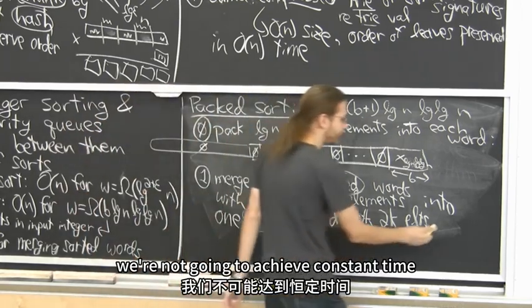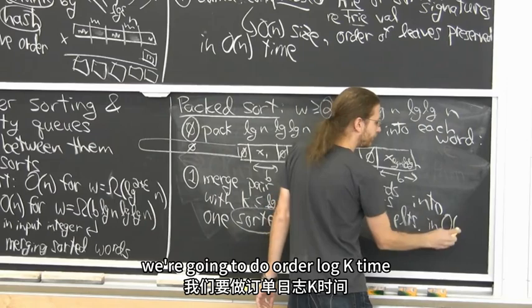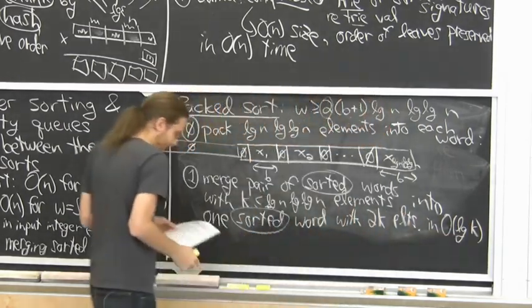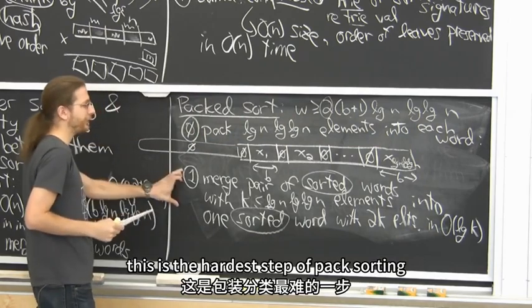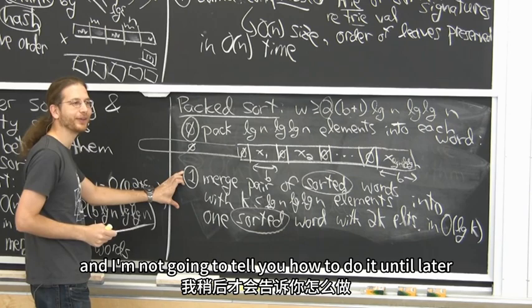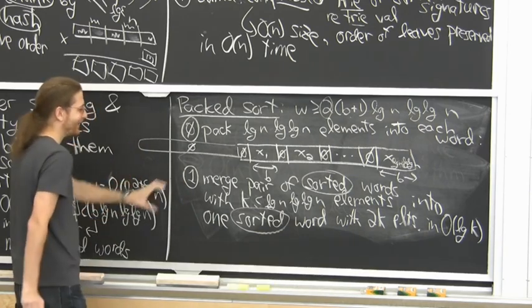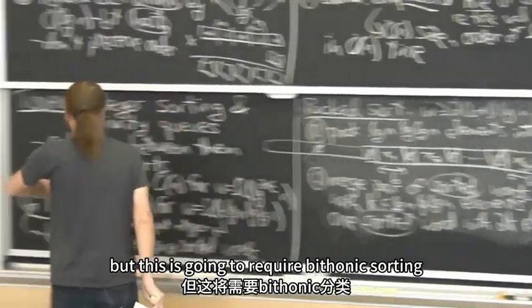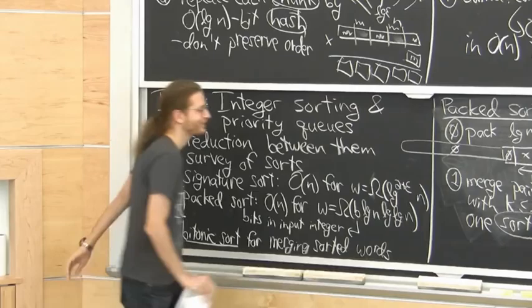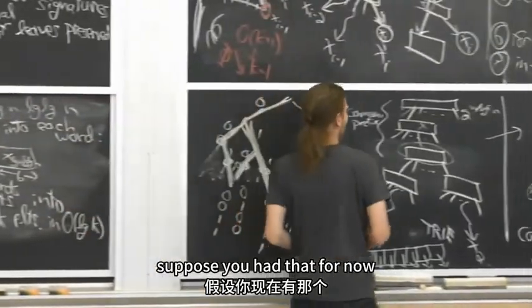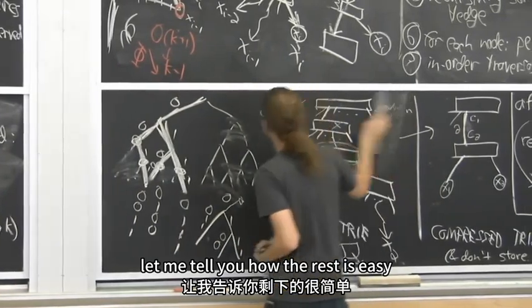We're not going to achieve constant time, but we don't need to. We're going to do order log k time. This is the hardest step of pack sorting, and I'm not going to tell you how to do it until later. I will tell you, don't worry, but this is going to require bitonic sorting. So I have to delay it a little bit. Suppose you had that for now. Let me tell you how the rest is easy.